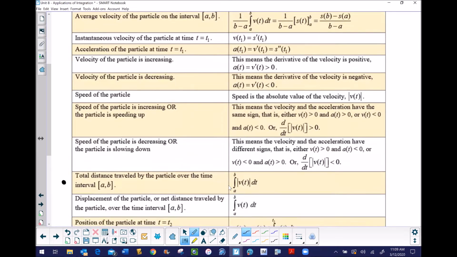We want to make sure that you get these two ideas straight, the thing highlighted in black and the thing highlighted in red: the total distance traveled by a particle on the interval AB is integrating the absolute value of the velocity. Whereas the displacement, in other words, the change in the position from the beginning to the end, is just the integration of v of t without the absolute values.